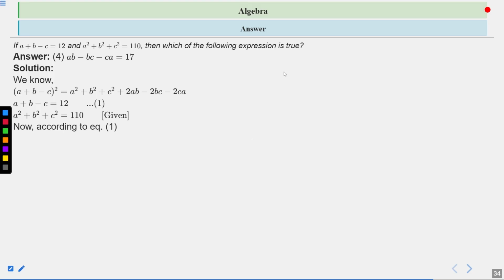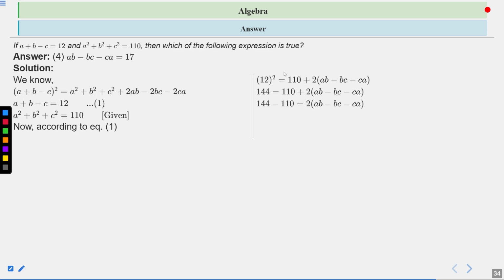Now according to equation 1, we put the values in. So we get 12 square equals 110 plus 2 times ab minus bc minus ca.